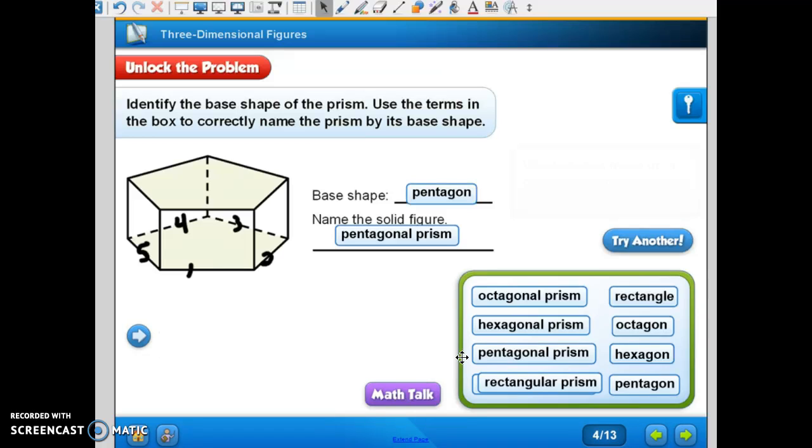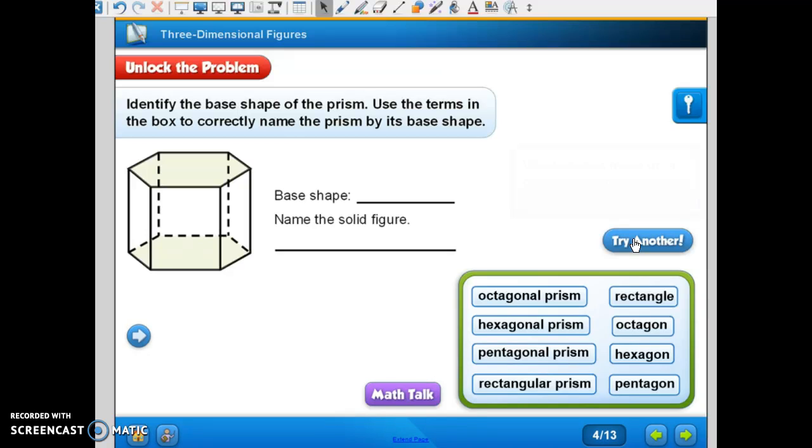Okay, let's try another one. What's our base shape here? A hexagon, they say. 1, 2, 3, 4, 5, 6. So the base shape is a hexagon, and so we have a hexagonal prism. There must be one more.